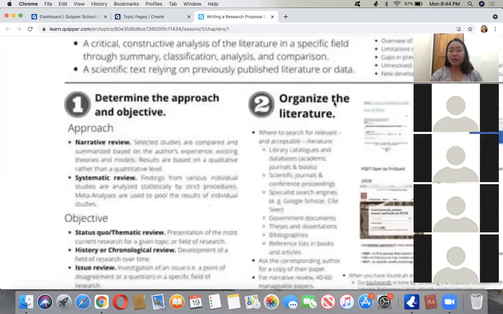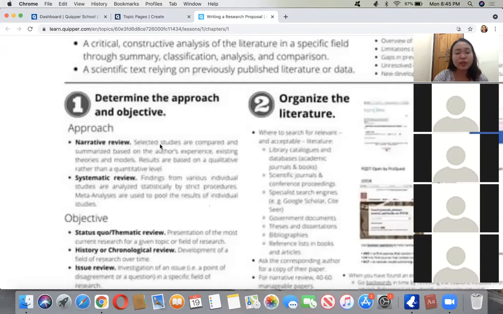It's not only copy pasting everything you have done in your research. So the first step is to determine the approach and objective. What is your approach? Is it a narrative review or a systematic review?